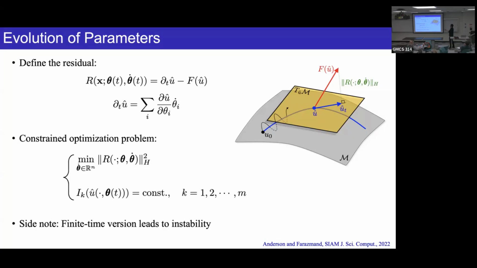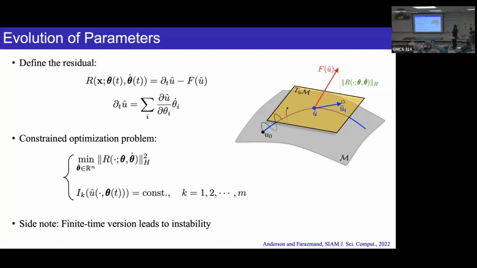In order to minimize this residual, the discrepancy between the left and right-hand side of the PDE, I look at its norm in my function space squared, and then I minimize it in an instantaneous fashion in the sense that I say for any particular time t, change theta dot in such a fashion that in that particular time, the residual is minimized.